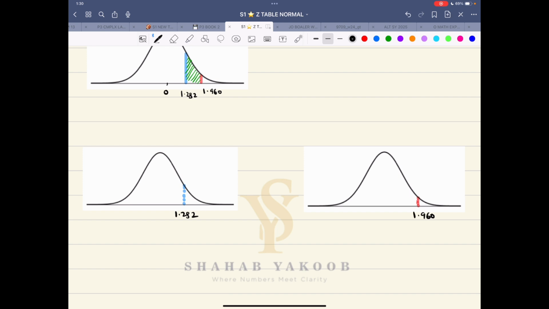Left of the blue value, this region over here, is how much? This is 90%. Let's work in percentages. It's easier to talk about it rather than decimals. And left of 1.960 is how much? 97.5%.